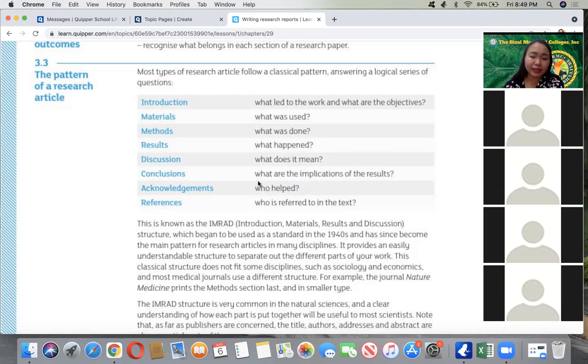Especially if there is funding, the acknowledgement is important, because there are funding agencies like the DOST and PICARD where it's mandatory, or the Department of Agriculture. Are any of you scholars of the Department of Agriculture?